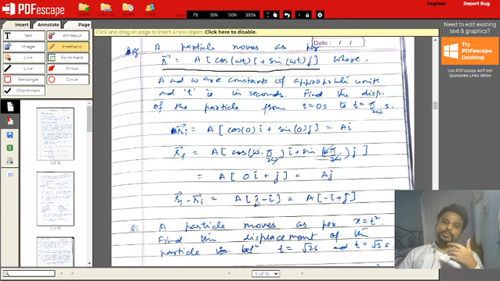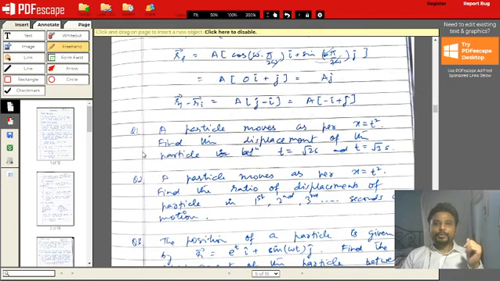So that becomes a j cap minus a i cap. Taking a as common, we have a (j minus i), or we can rewrite it as a (i cap minus j cap), as is the convention to write i cap first and j cap later. So after doing this example, we move on to some questions.